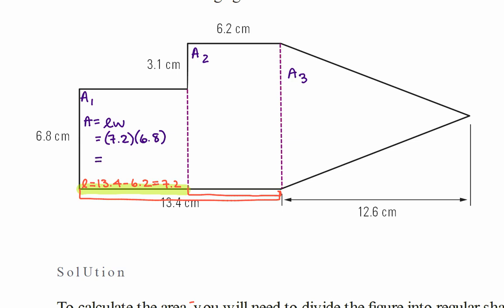It's 48.96, which would round to 49.0. I'm going to leave it at 48.96 because I want to round to the nearest tenth at the end. If you are doing it in parts, always leave at least 2 decimal places if you want to round to 1, so that your final answer is more exact.